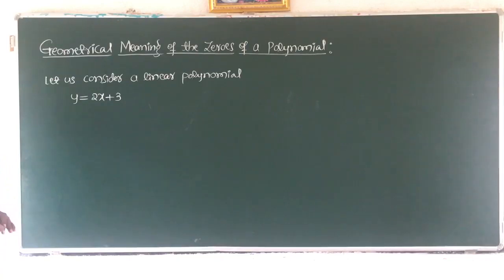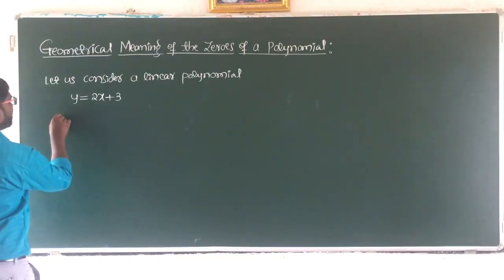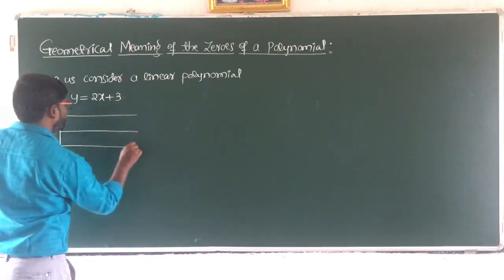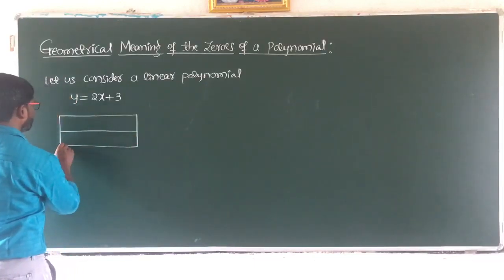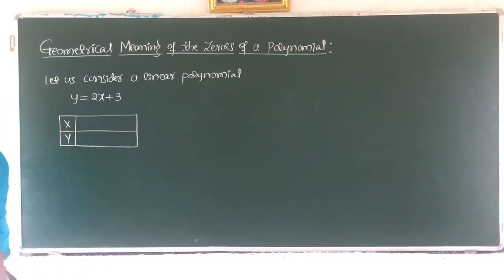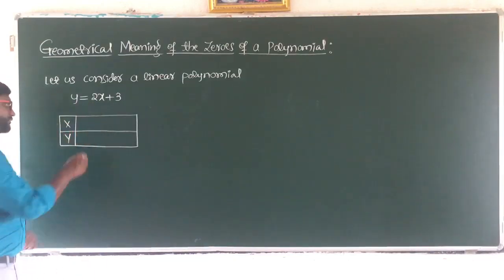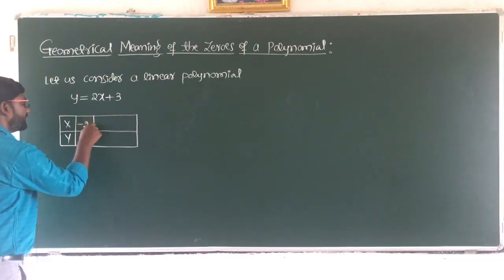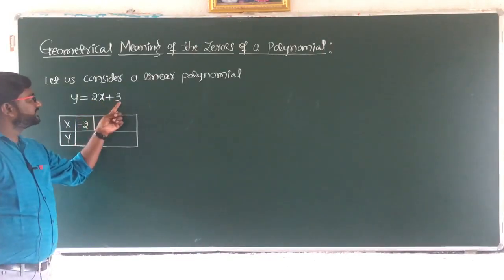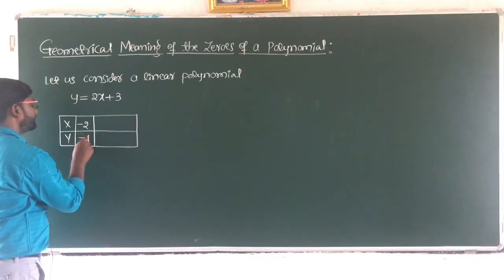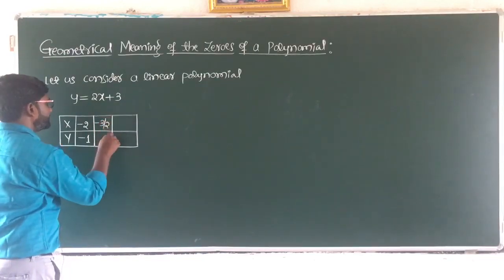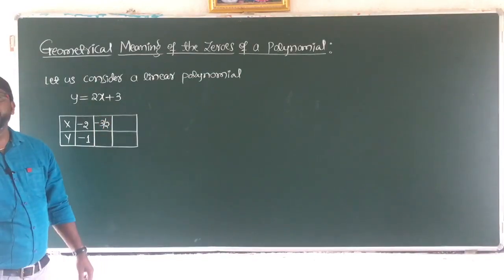Now we have to go for the table. In order to plot the graph, we need some points. So, x and then y. Take x as minus 2: 2 into minus 2 is minus 4, minus 4 plus 3 is minus 1. Now take x as minus 3 by 2, that is minus 1.5.